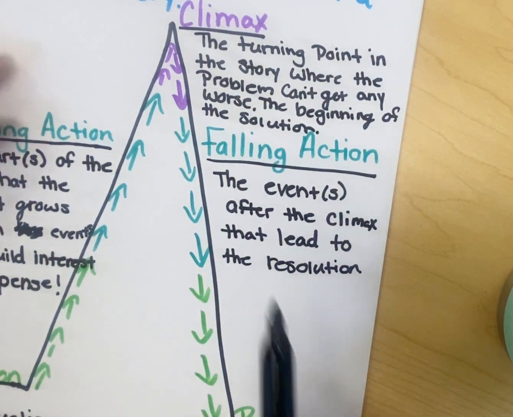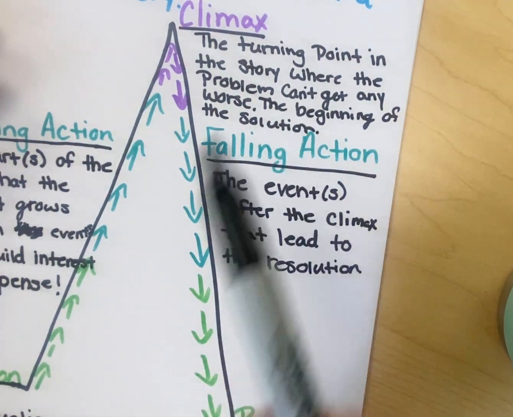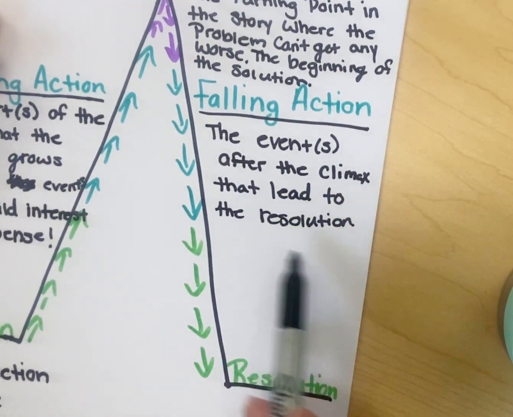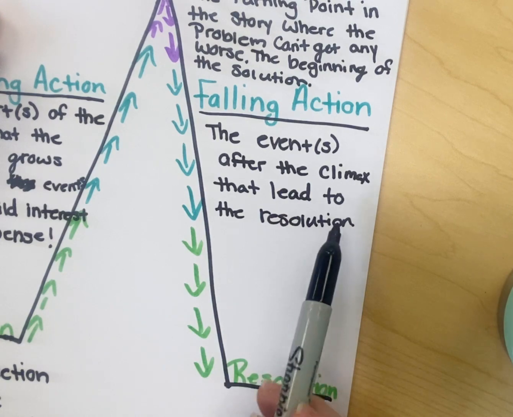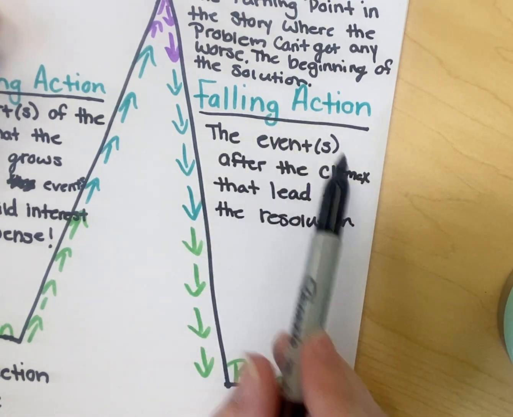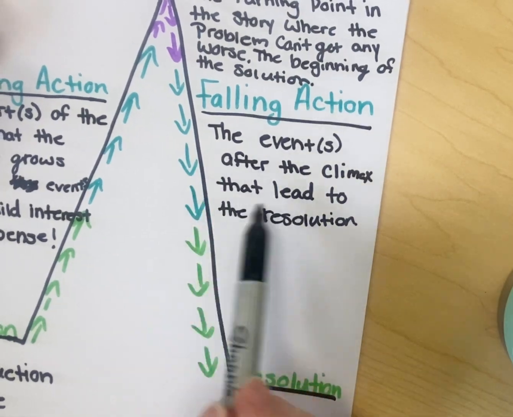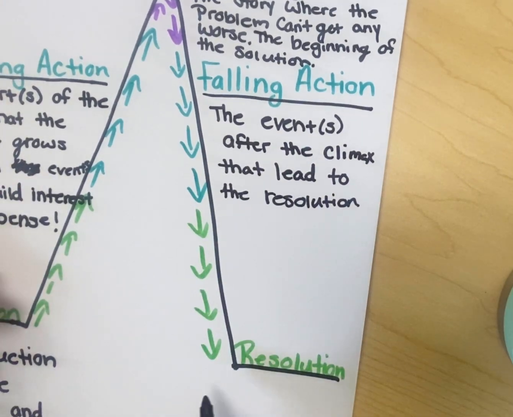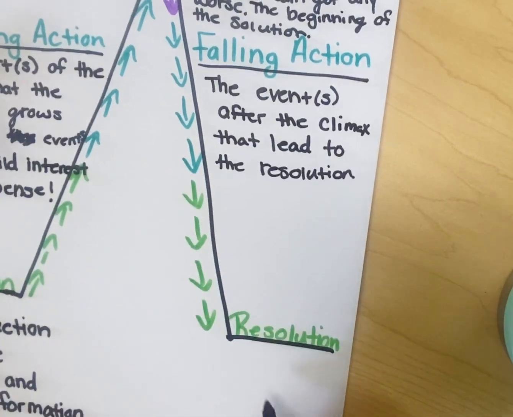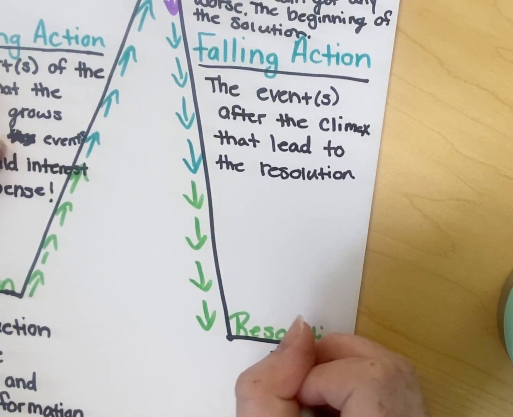It'd be Katie Sue asking Mean Gene to jump rope with her, because that followed after, and that's leading us to our resolution. Because our resolution is when after the problem is fixed. So this is kind of like fixing the problem. So following action is kind of like fixing the problem. Now resolution. We got our fixing our problems. What happens after we fix the problem?